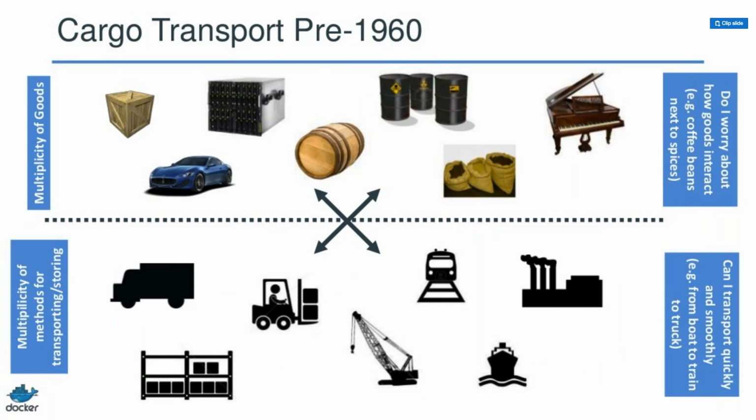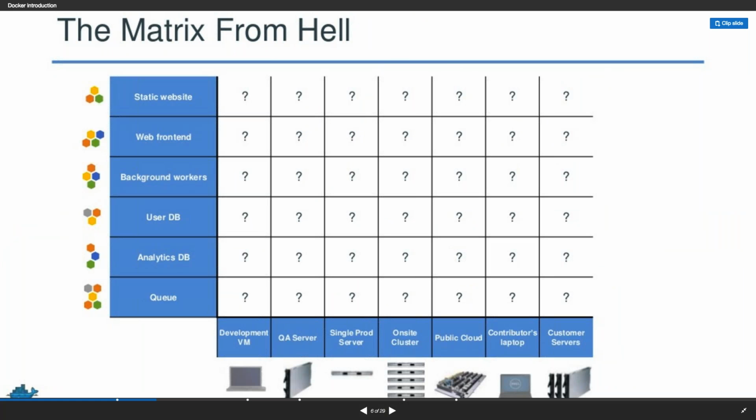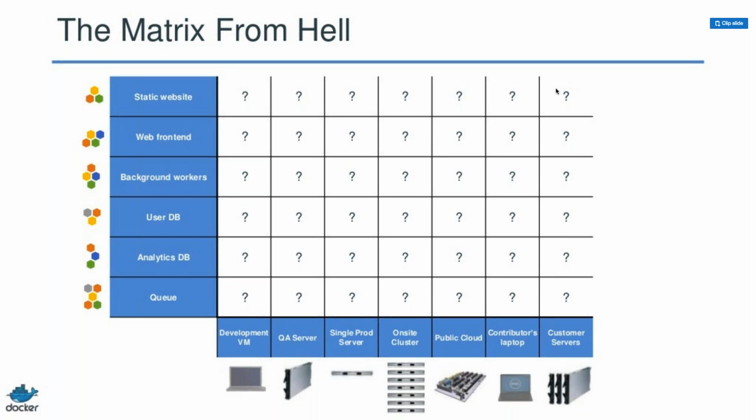So essentially, in order for you to make this stack for your whole application, you have to bring it up on every one of these hardware configurations. And it's different on each if you don't have something like Docker, right?